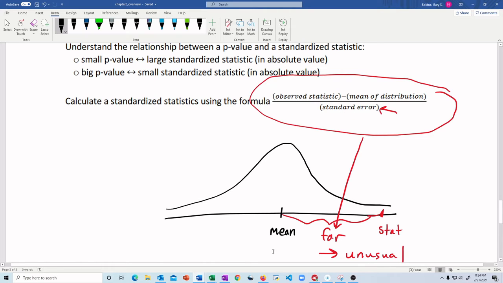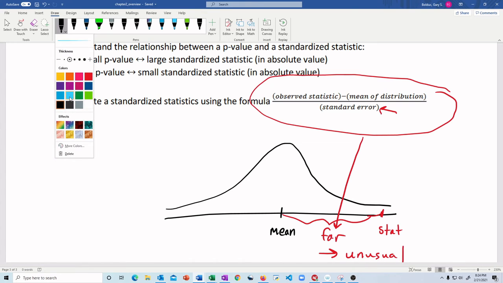In your head, you can just remember it as, I just need to measure how far away my stat is from the middle. Further away, more unusual. Close, more usual. We've already done that a bunch. What have we already said? If I'm 2 standard deviations away, if I hit that cutoff or more, I'm unusual.